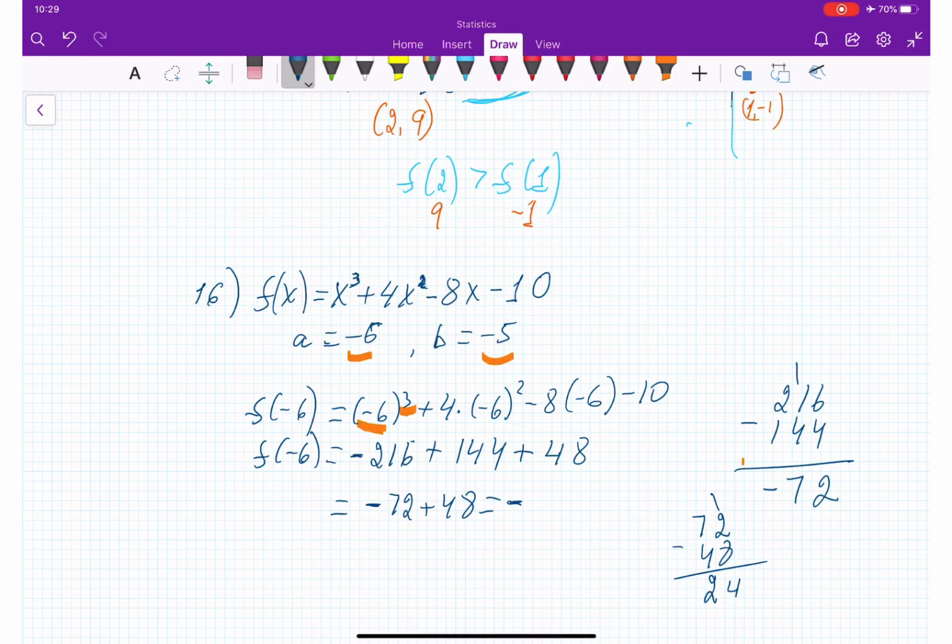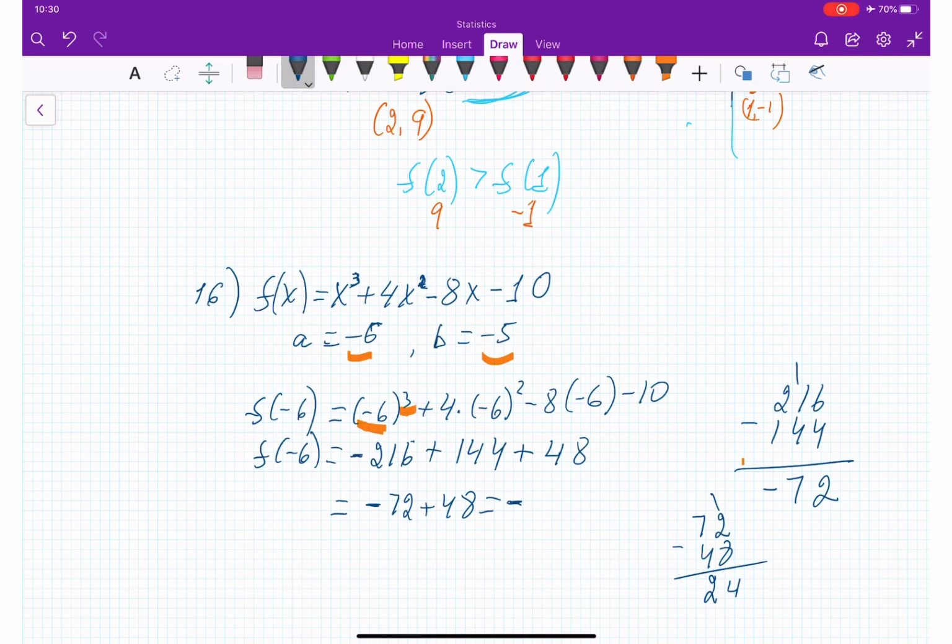Okay, I think somewhere I made a mistake. Let's double check it. Negative 6 cubed, 6 times 6 times 6 is 216, correct.